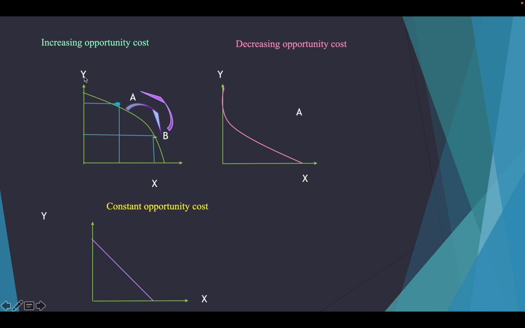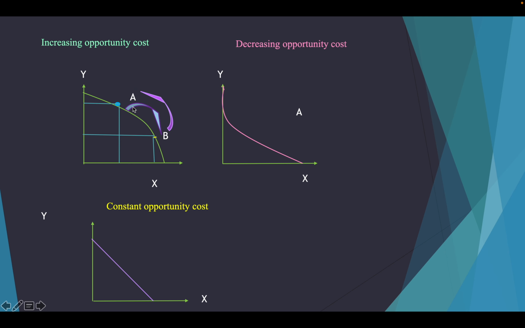Then this is your y good, and at point A you can identify this is your y good. Vertical lines are all y. And here at point B, this is your y good. And this is your x good. The horizontal lines are all x goods. Here at point B, this is your x good, and at point A, this is your x good.